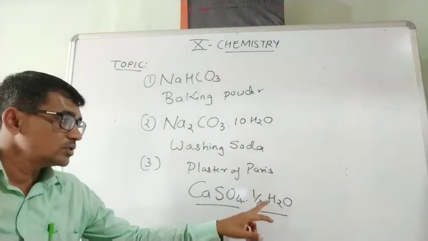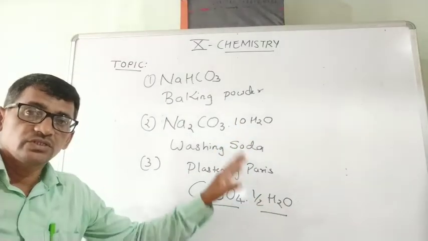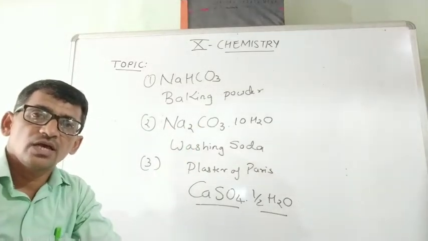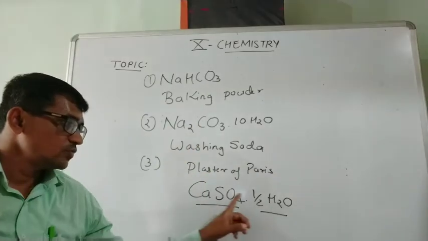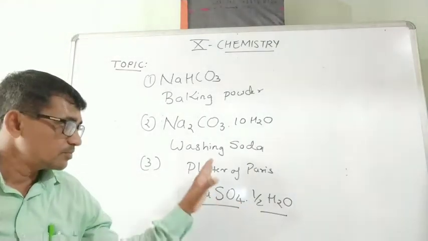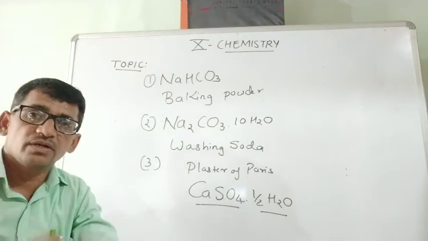This is 10H2O and this is half H2O. This H2O when linked with the salt is known as water of crystallization. CaSO4 dot half H2O is prepared from gypsum. Plaster of Paris is a white material.